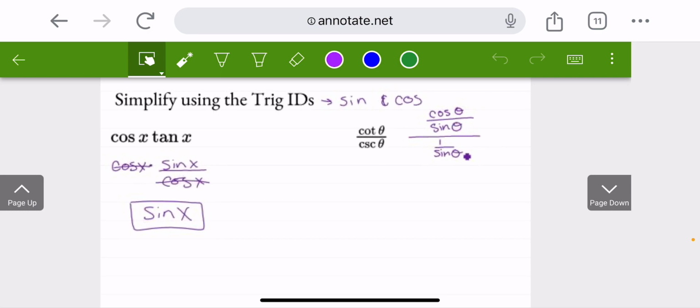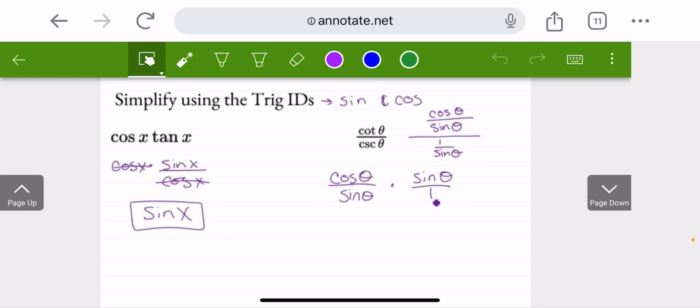When we get these big old monster fractions, we multiply by the reciprocal. So this becomes cosine theta over sine theta times the reciprocal, which is sine of theta over 1.